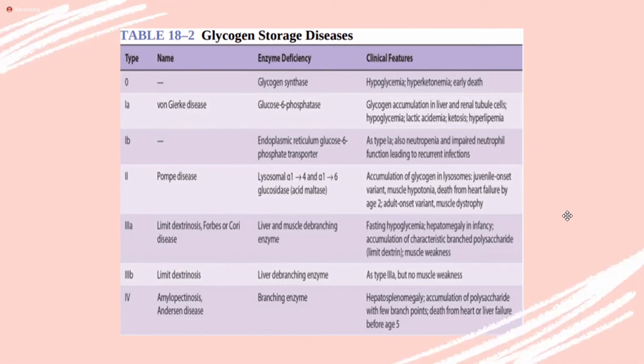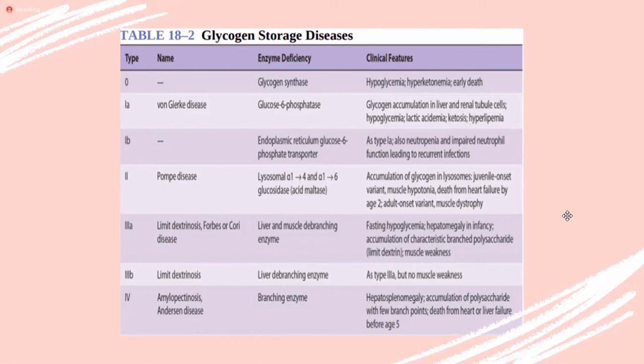Then we have Anderson's disease. What happened here is there is no branching enzyme. So you do not have arborization of the glycogen. You will have a chain of glucose units, one after another, without branching.